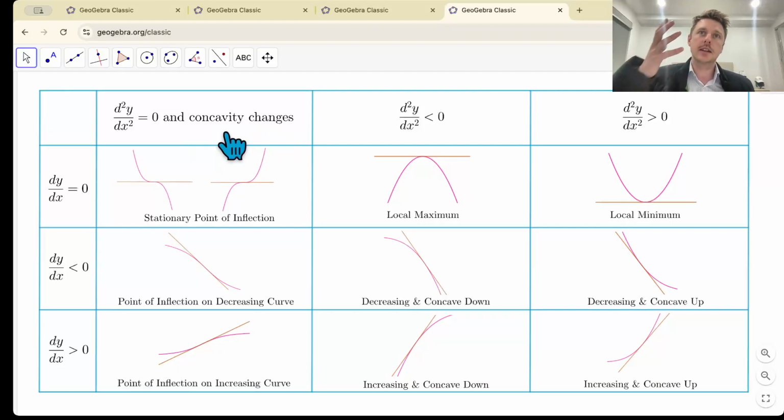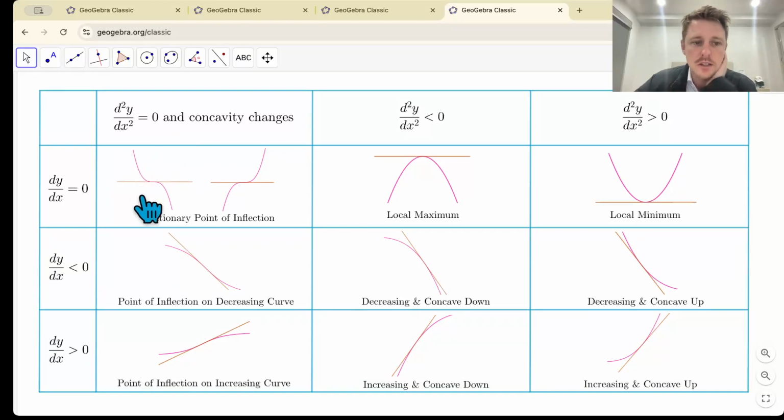So we need, at that point, the concavity to be changing, because otherwise you just have trivial solutions where your first derivative is zero and your second derivative is zero, but it's not interesting. There's not a change in concavity at those points.